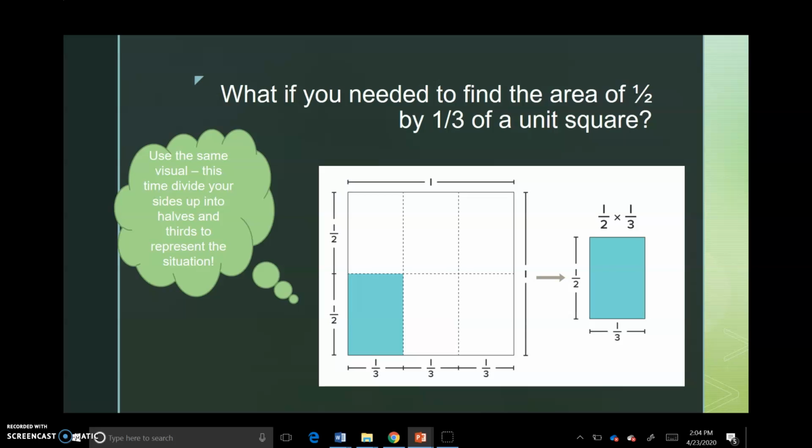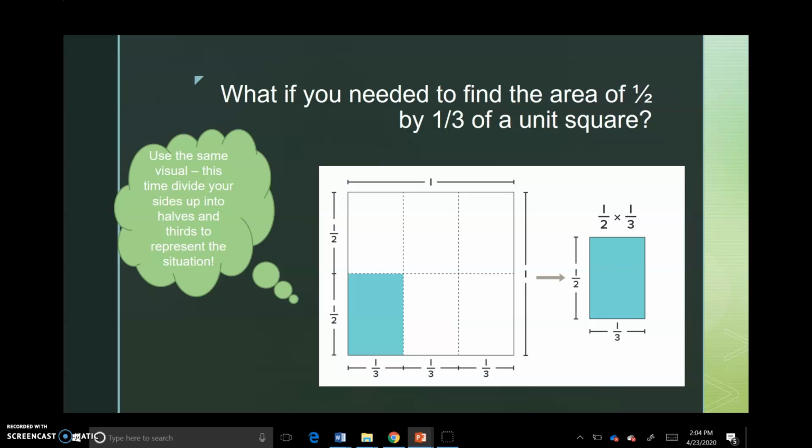And this time we want to find 1/2 by 1/3. So now I've split my unit square into half-size pieces on one side horizontally and third-size pieces vertically. And I just want 1/2 by 1/3. And that blue piece is showing us what 1/2 by 1/3 would look like.